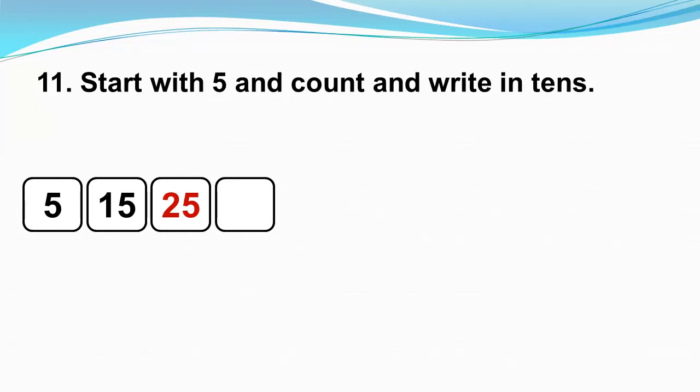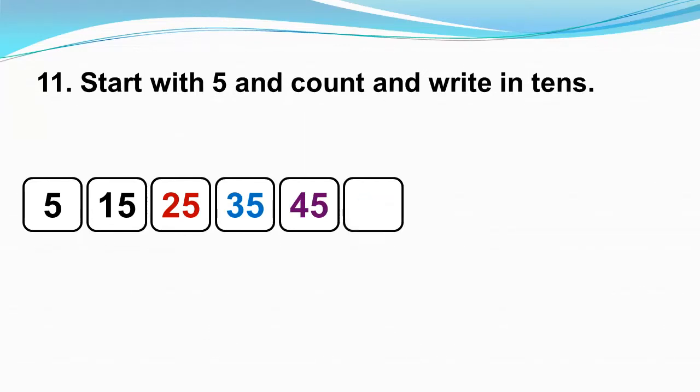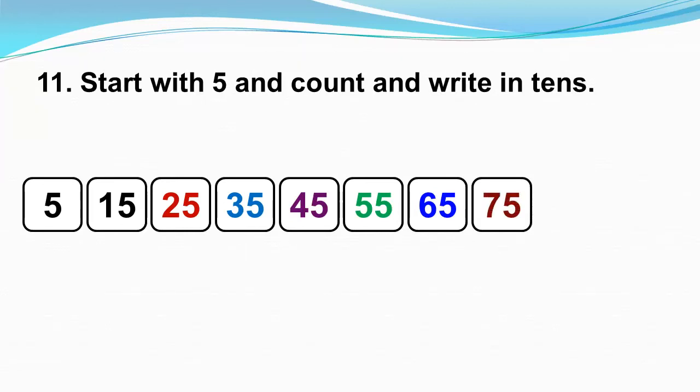Yes, the number will come 25. And when we add tens more in 25, then what number will come? Yes, 35. And after 35, the number comes 45, then 55, 65, 75, 85, and then 95.